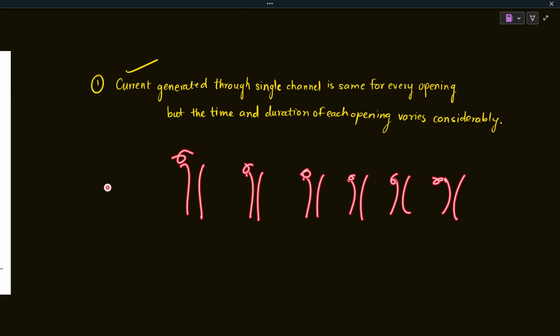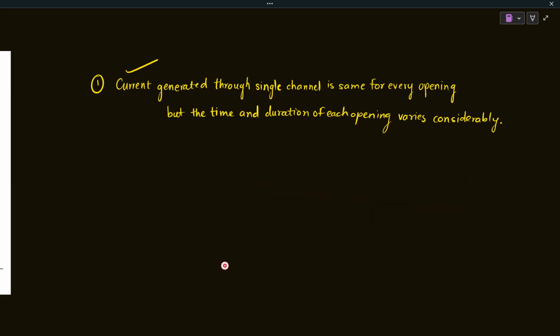You cannot refer that the opening of all those six ion channels is at the same time, because the acetylcholine may bind earlier to channel 1 and after some while to channel 3. So the ligand binding is happening at different times, and that is why the opening of the ion channel is again happening for different time frames.